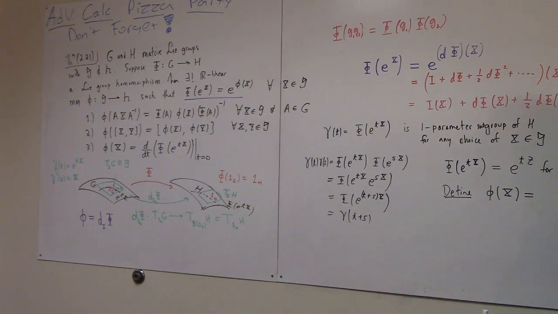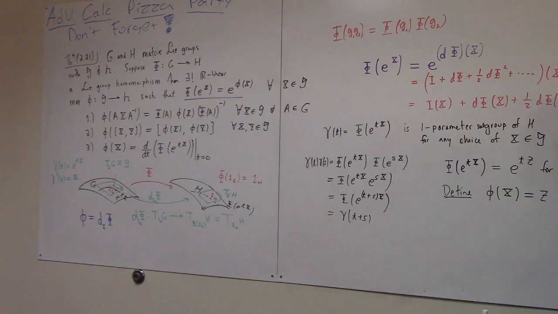Z, right. Okay, I guess. Fine. He's got to show it's linear.